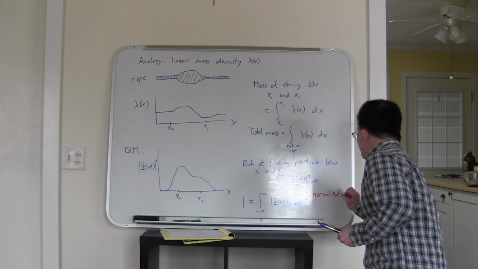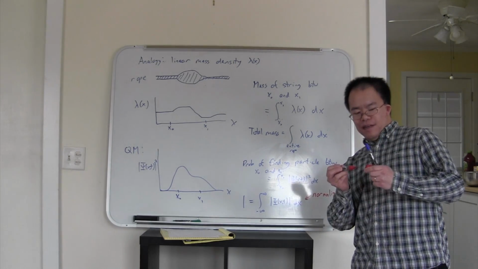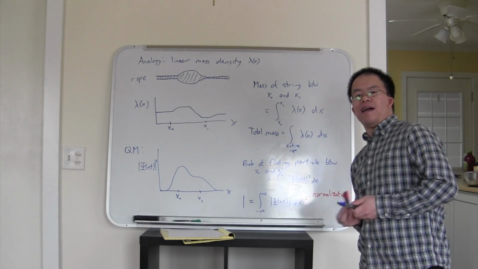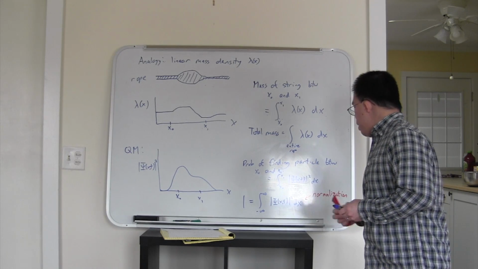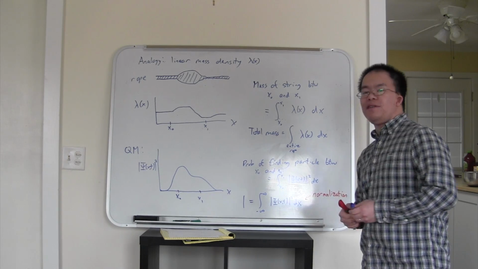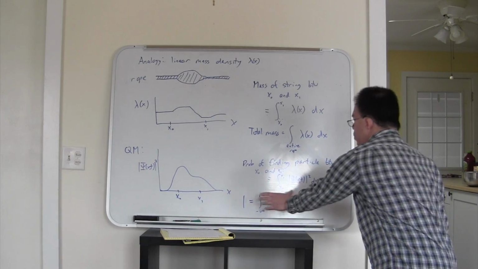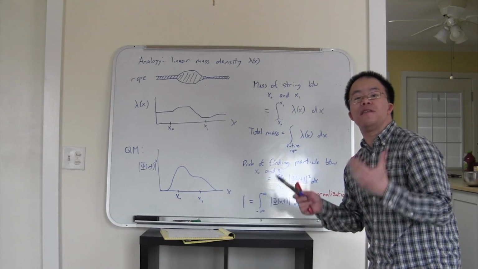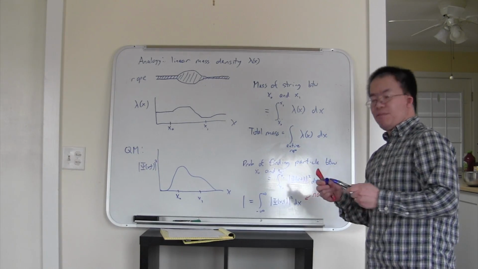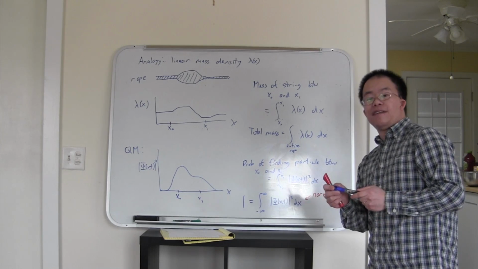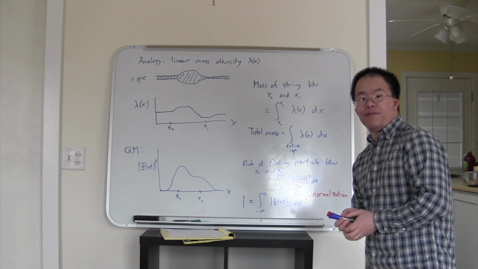We'll look at an example of doing this in practice probably next time. But the idea is that the total integral of the probability density over all space has to be equal to 1 in order for it to be physically meaningful.